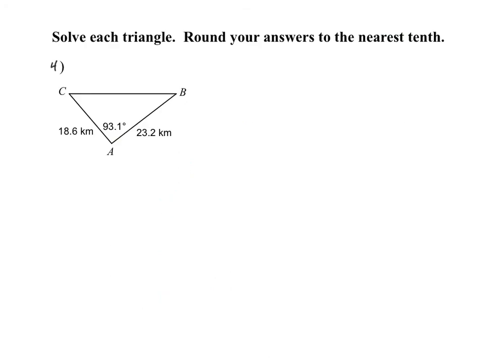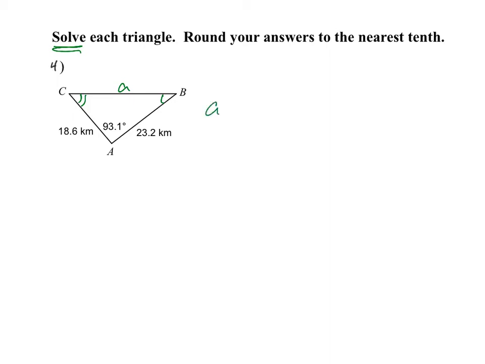In exercise number 4, I want to solve this triangle. So remember that solving the triangle is finding every measure that I'm missing. So I'm finding side A, angle B, and angle C. So I'm going to start by finding A using the cosine law.